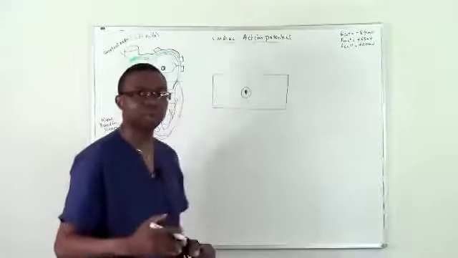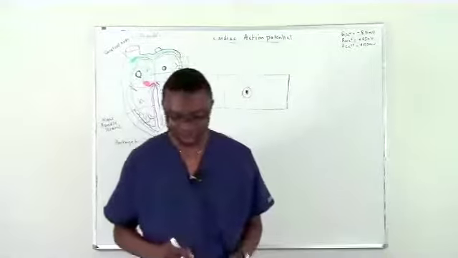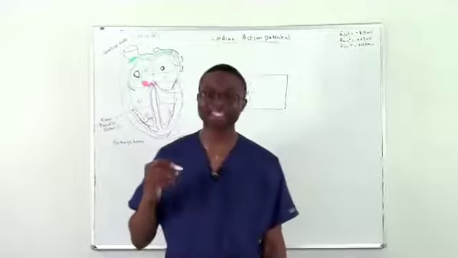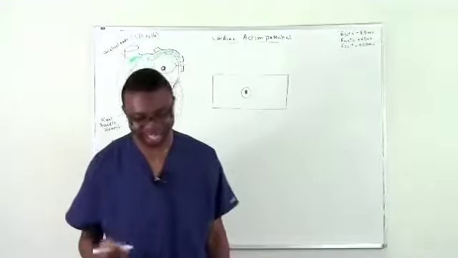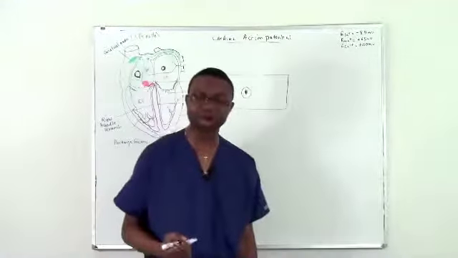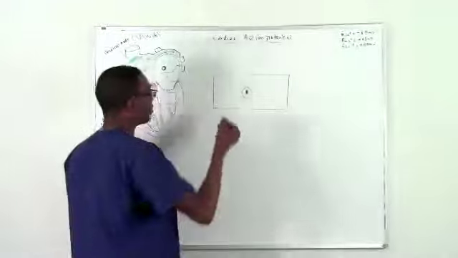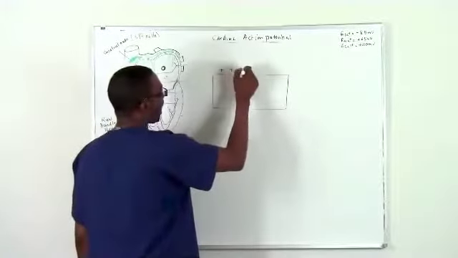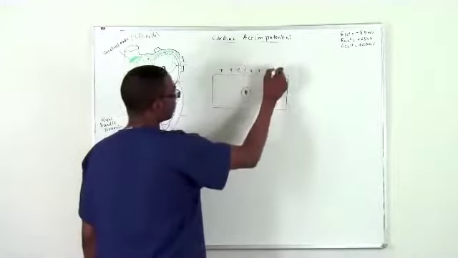When we say depolarization of a cell, depolarization is what makes the membrane potential less negative, which means the cell's interior becomes less negative. The way I look at it is there are positive charges outside of the cell.